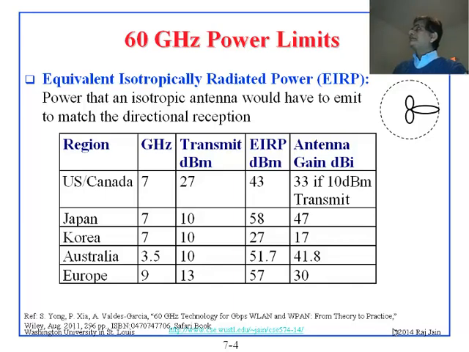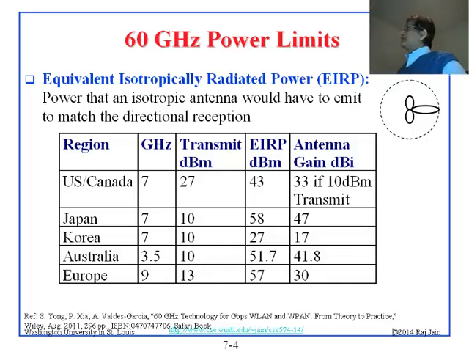EIRP is equivalent isotropically radiated power. If you are going to do a directional transmission, generally you have the main direction, and then there are some side lobes, as we call them. Basically they just happen by the design of the antenna. So in the main direction, there will be a lot of power going and no power going in the other directions, right?